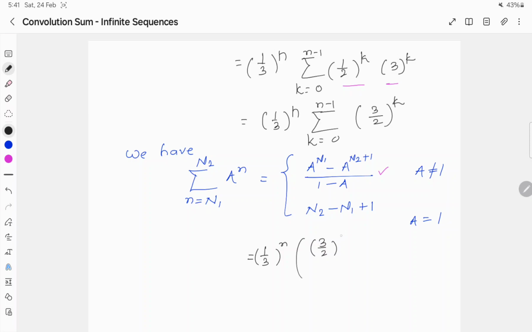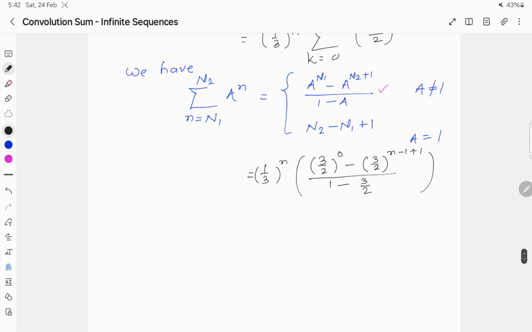In our case, n1 is 0, minus 3 by 2 raised to n2. n2 is our n minus 1, plus 1, divided by 1 minus a, which is again 3 by 2. So simplify this part.